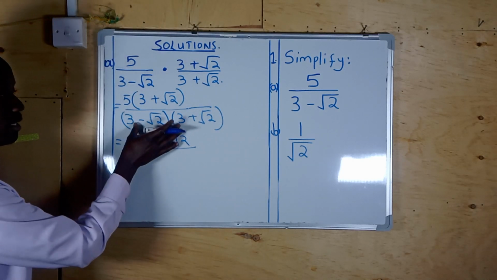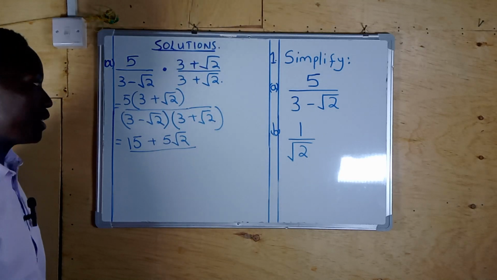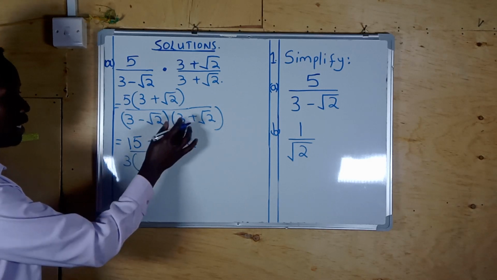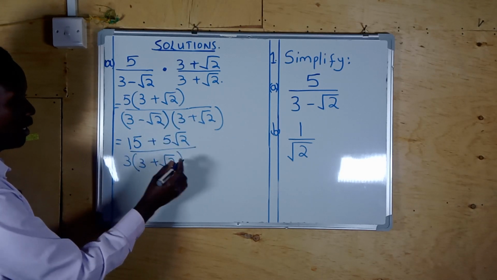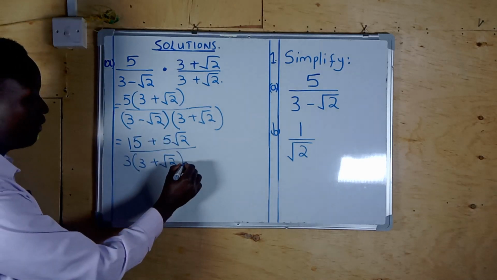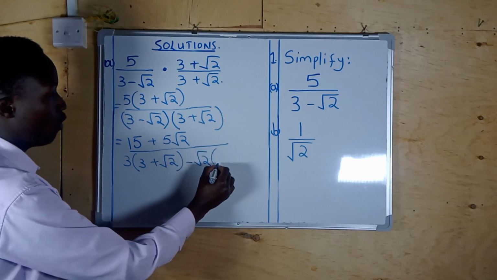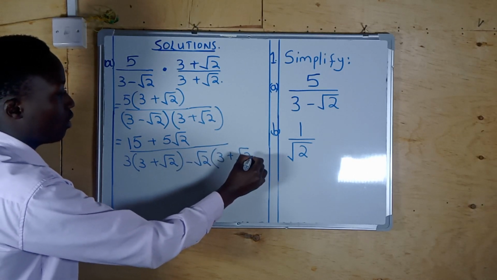For us to expand the denominator, we will expand it as we expand a quadratic expression. So we will take 3, we multiply by 3 plus root of 2. Then we take the second value, minus root 2, open 3 plus square root of 2.